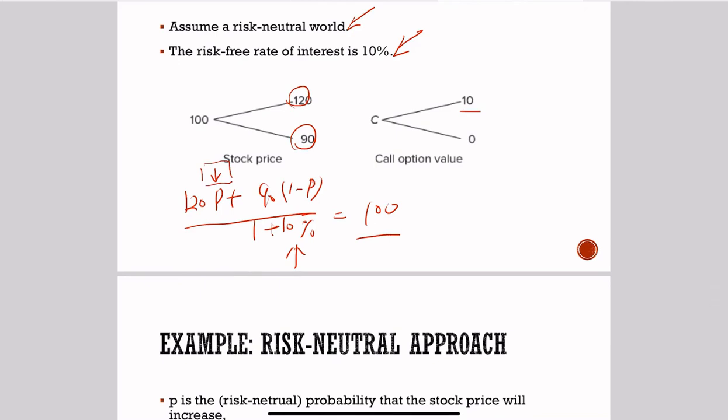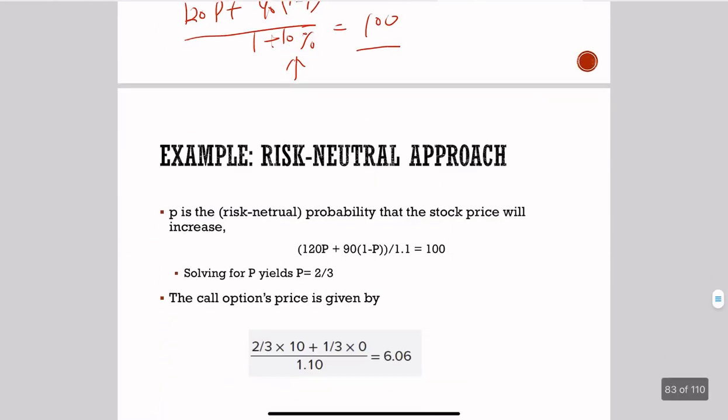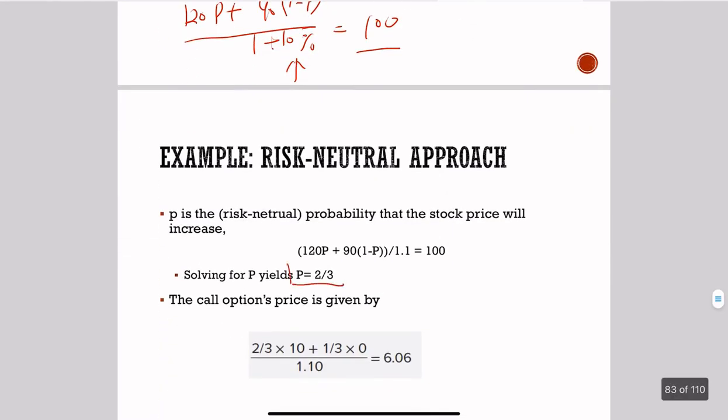So the P here is called risk-neutral probability. Now this solves P equals 2/3.